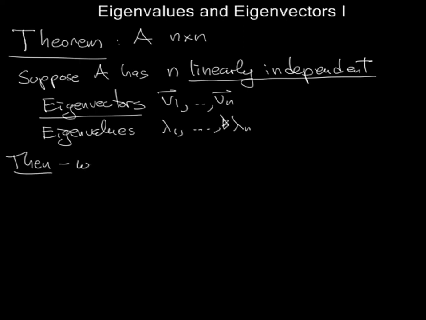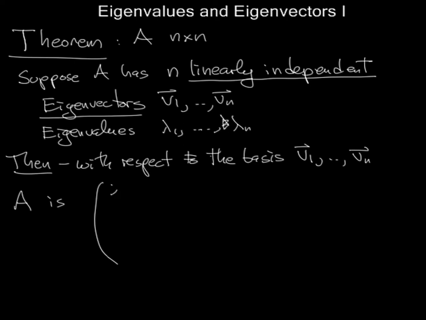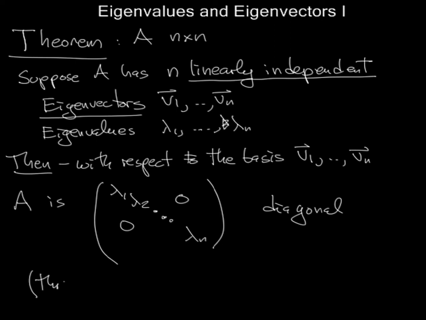Well, then, with respect to this basis, v1 through vn, the matrix of A is diagonal, with lambdas down the diagonal. And I want to emphasize that I've hardly said anything here. This theorem is obvious. It's just writing down the fact that A vi is equal to lambda i vi. But I've written it to emphasize the fact that having n linearly independent eigenvectors is the same thing as making the matrix diagonal.